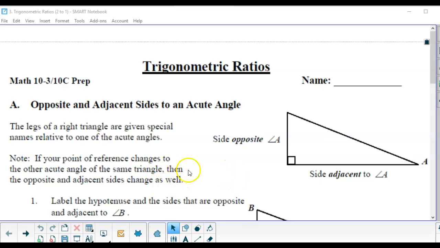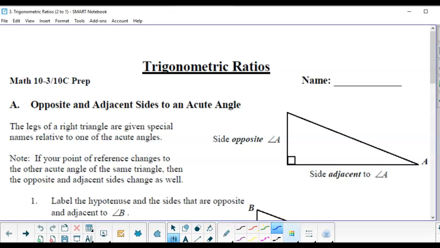Okay, so what's really important is that we know what is the opposite side, what is the adjacent, and what's the hypotenuse. Hopefully you remember that the hypotenuse is always the longest side. So in any right triangle, it's always opposite the 90 degree. Okay, the legs are always the sides that form the 90 degrees.